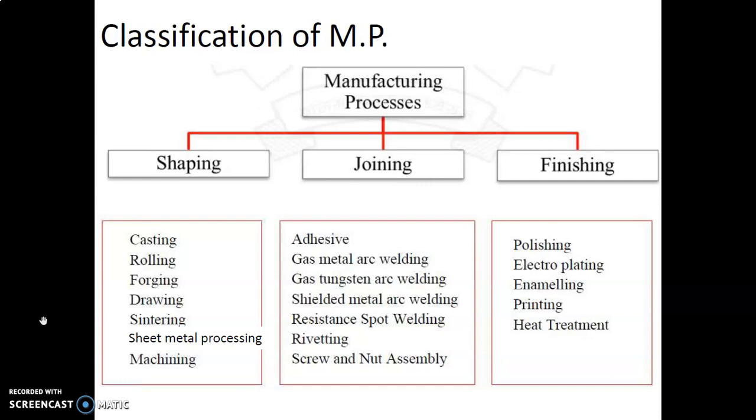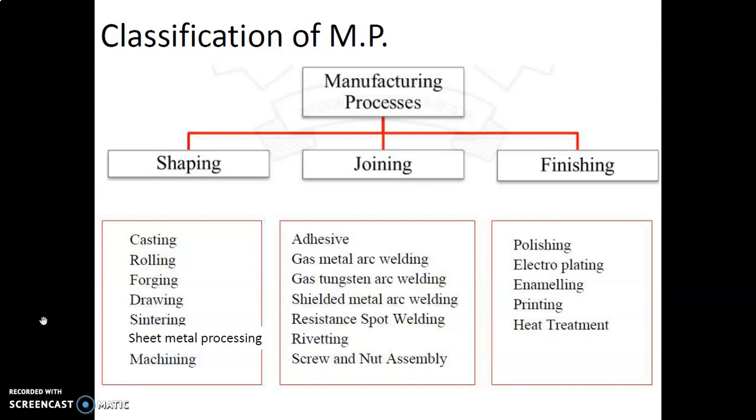In the third case, it's the finishing process. This is also one of the most important manufacturing processes, because in the first case you get the shape of the component, but when we talk about tolerances and closeness of dimensions, that is not possible in casting and forging.